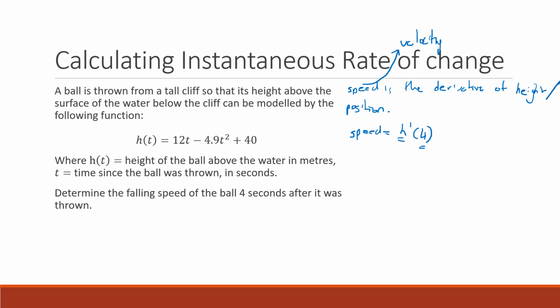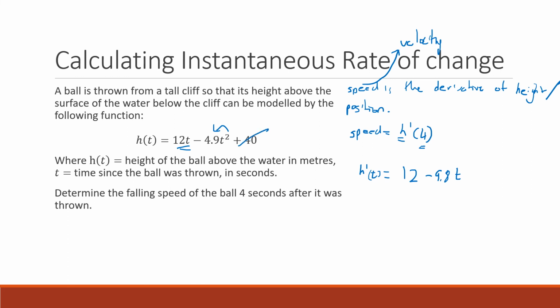Right? So how are we going to work that out then? h dash t, deriving this, 12t just becomes 12, minus, then 2 times 4.9 is 9.8. The power goes down from 2 to 1, and then our constant all disappears.